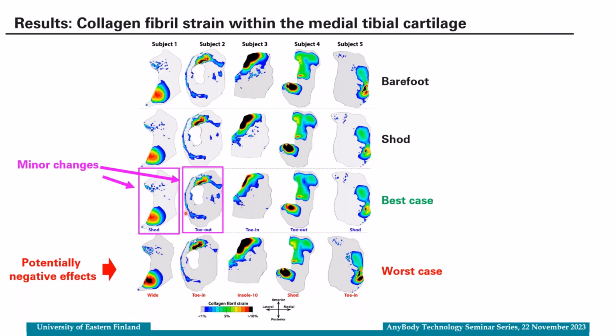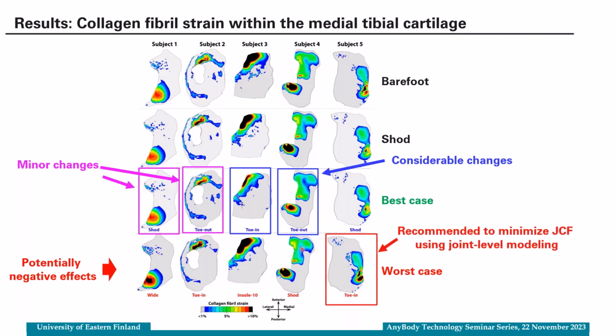The other thing was that in some cases the best case scenario had only minor changes compared to shod or barefoot walking, but then we also had cases where we observed a considerable decrease in the tissue mechanics compared to shod walking or barefoot walking. And one other interesting finding was that it matters whether we use joint level mechanics or tissue level mechanics to obtain the best or worst case scenario for the gait modification.